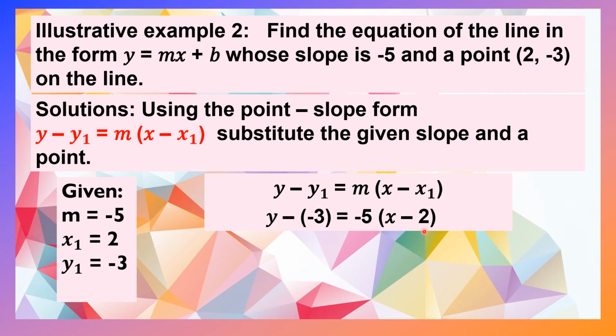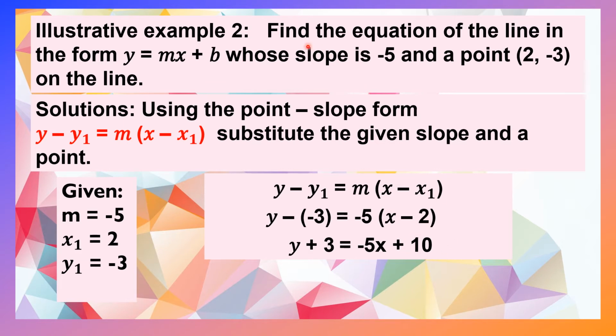So, simplifying this, minus sign can be a negative sign. So, negative times negative is positive. So, ito ay magiging y plus 3 equals, i-multiply natin yung negative 5 dito sa x minus 2. So, negative 5 times x is negative 5x. Negative 5 times negative 2 is positive 10.